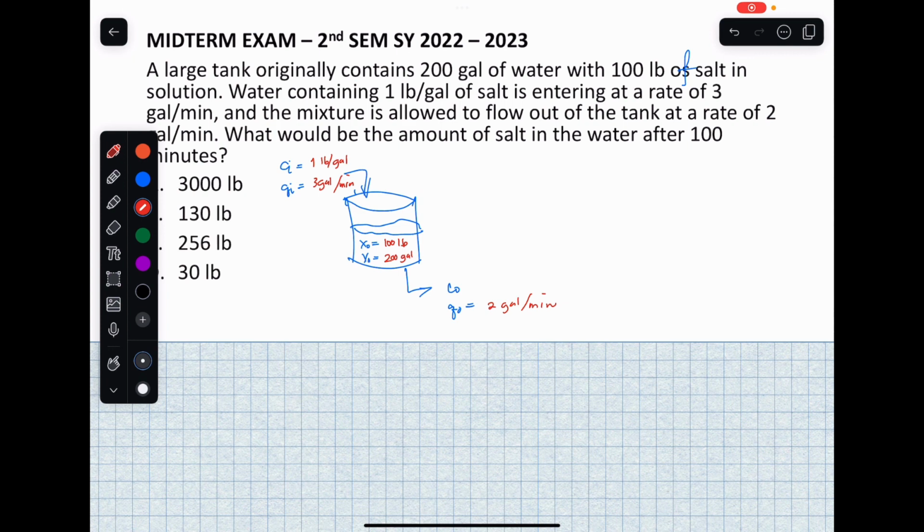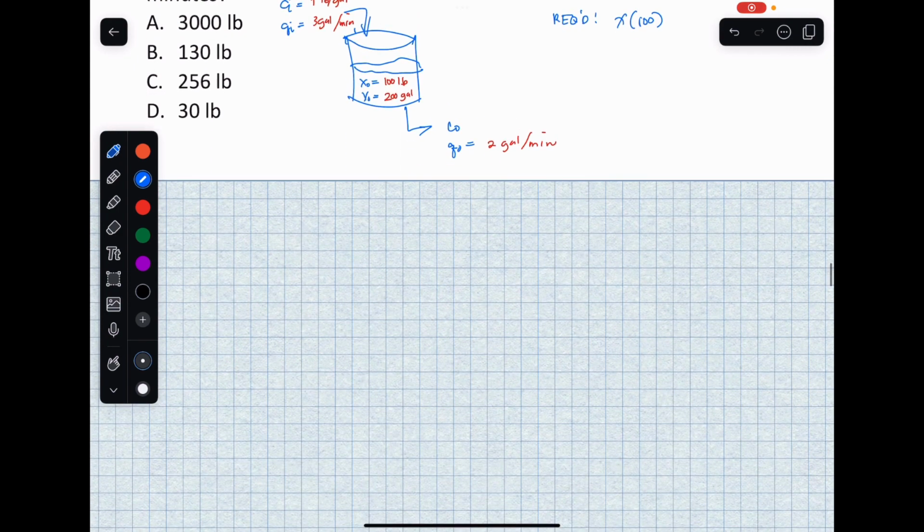So what would be the amount of salt in the water after 100 minutes? We are required to find the amount of salt, x, after 100 minutes. For our solution, we follow the same formula. dx over dt is equal to CI QI minus C out Q out, where C out is x over the initial volume plus QI minus Q out times time.